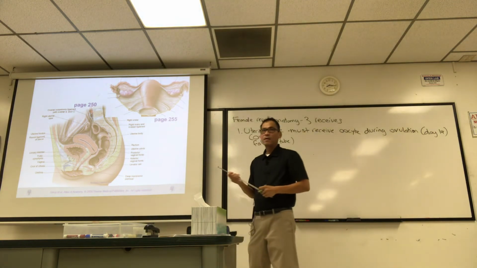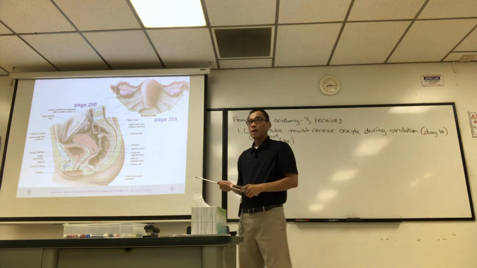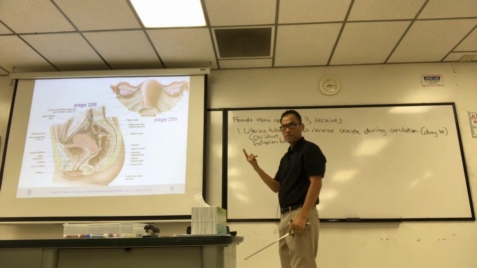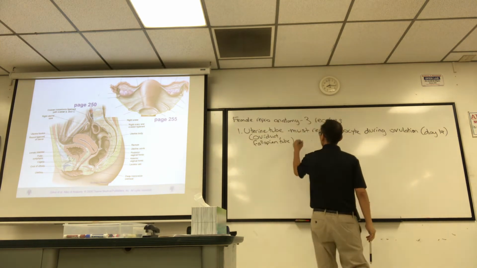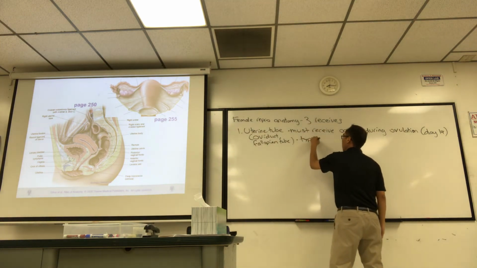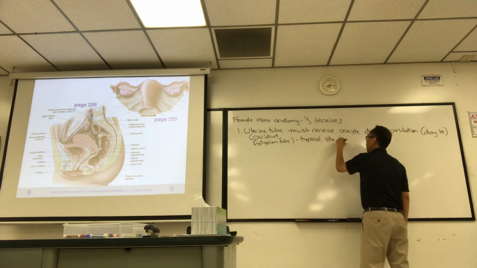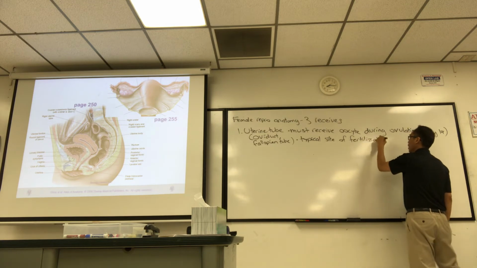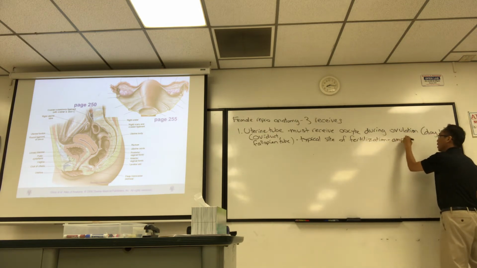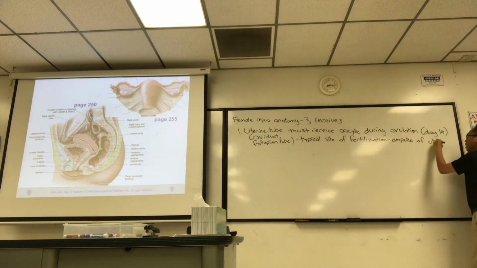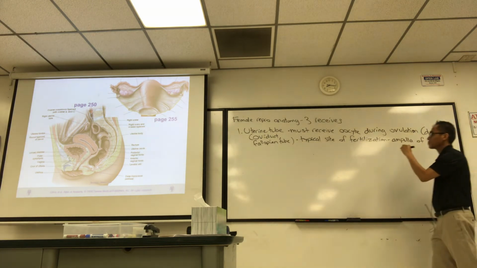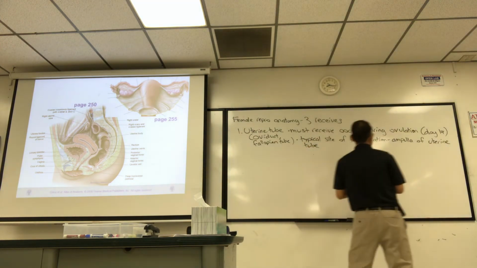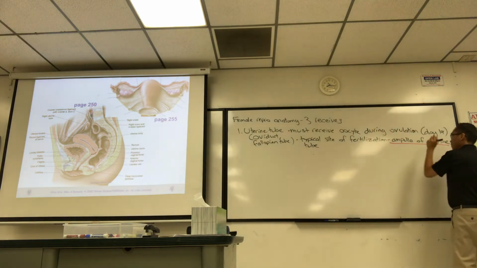So the typical site of fertilization, well, we call it the ampulla of the uterine tube. Ampulla of uterine tube. So the anatomical structure is, boom, ampulla of uterine tube.